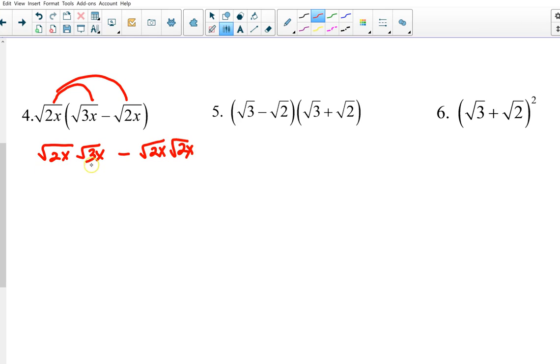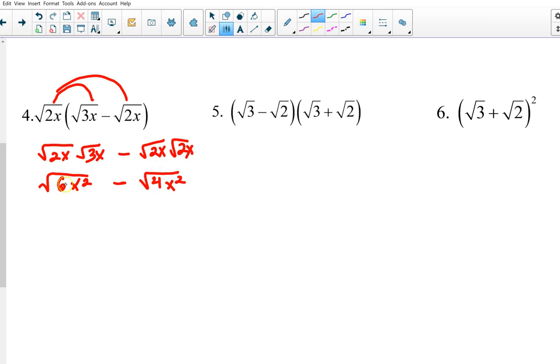When we multiply radicals, we'll multiply the radicands and multiply the coefficients on the outside. There's nothing on the outside of these, so we don't have to worry about that. This becomes square root of 6x squared minus, and the second one we're going to do the same process, and we get 2 times 2 is 4, and x times x is x squared.